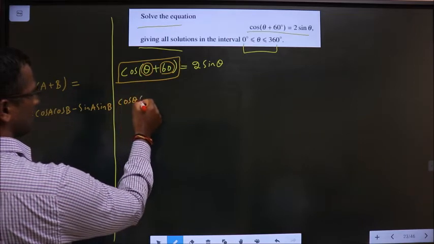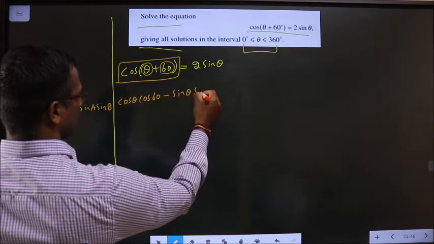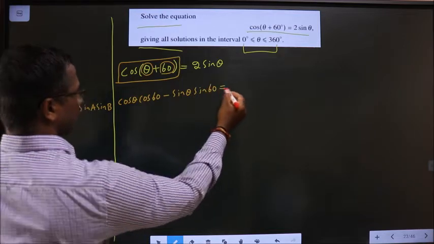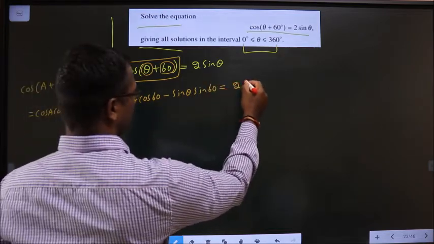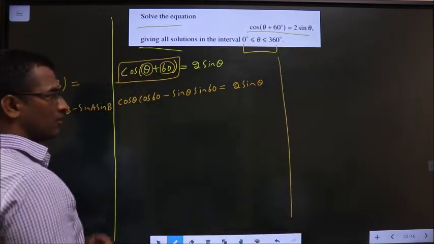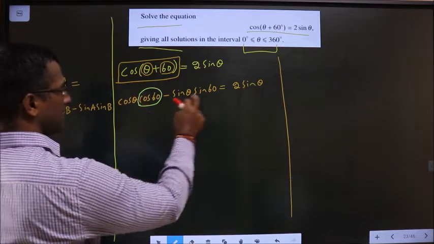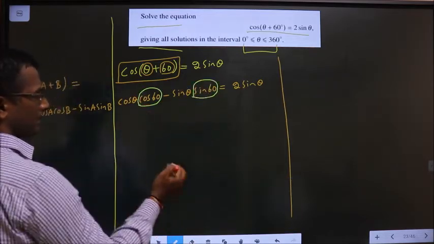So I get cos theta cos 60 minus sin theta sin 60 is equal to 2 sin theta. Next, how do we simplify? Replace cos 60 and sin 60.